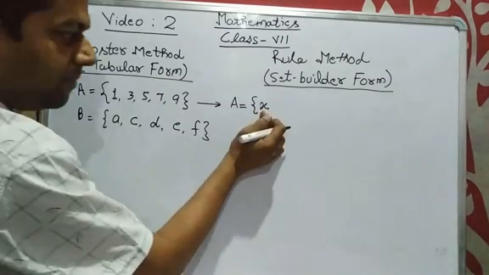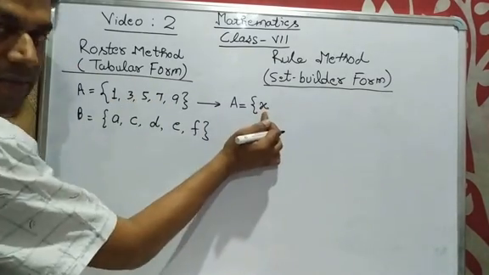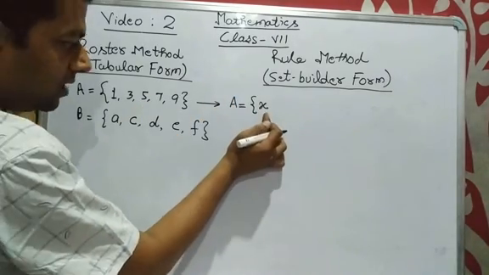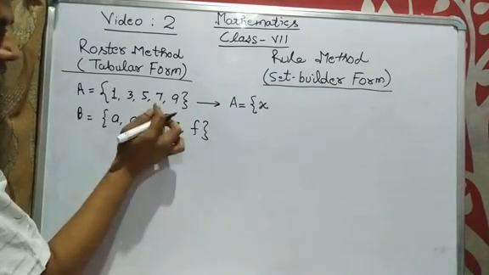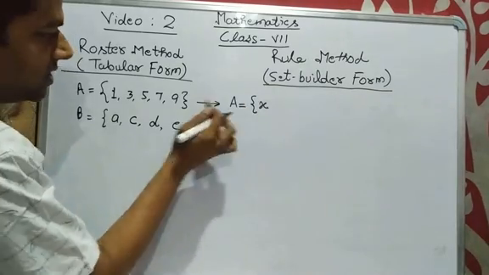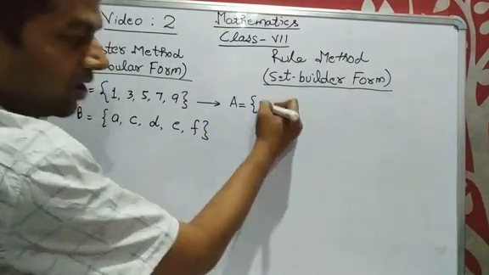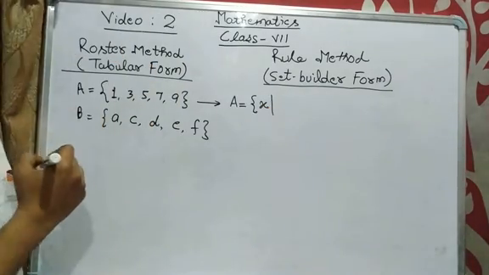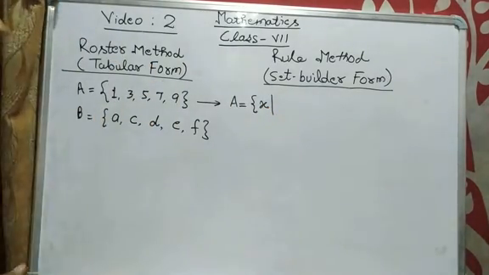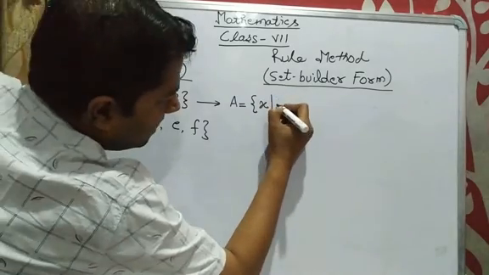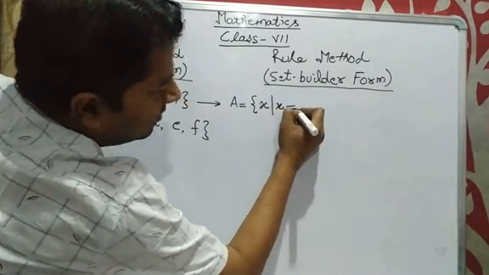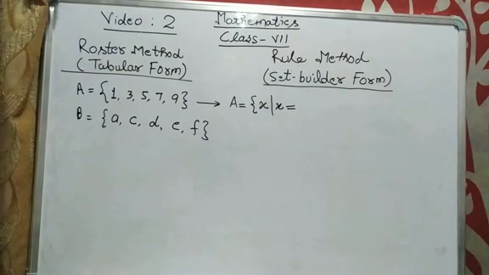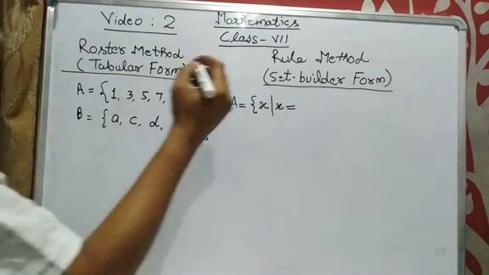The first time x for 1, the second time x for 3, the third time x for 5, the fourth time x is equal to 7, the fifth time x is equal to 9. Now define x. What is x? x such that. This is the sign such that. Now we will define x.